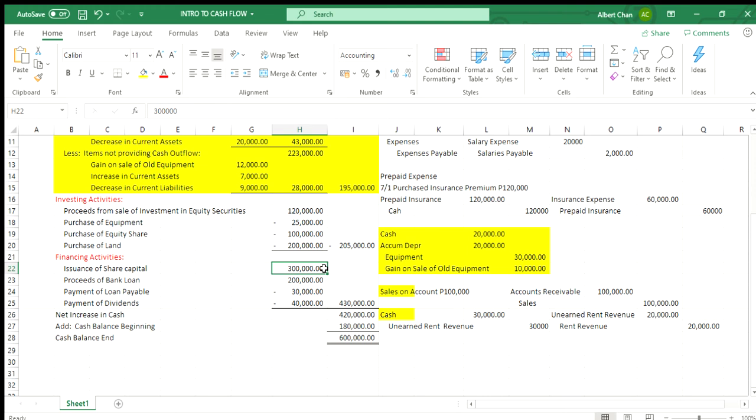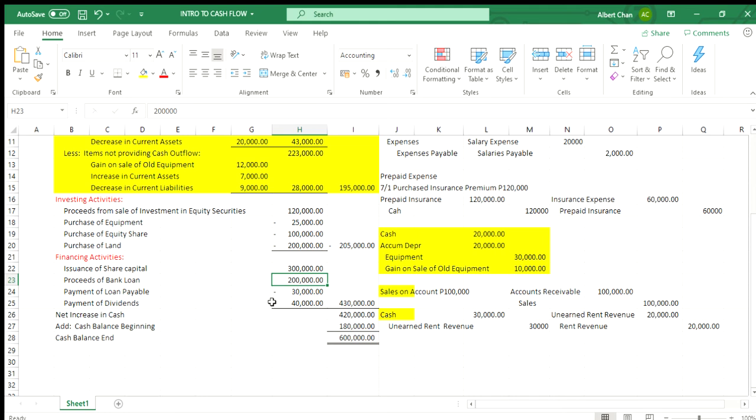And a decrease in earnings per share would mean your shares will not be as attractive to investors. Look, the other 200,000 is coming from loan.